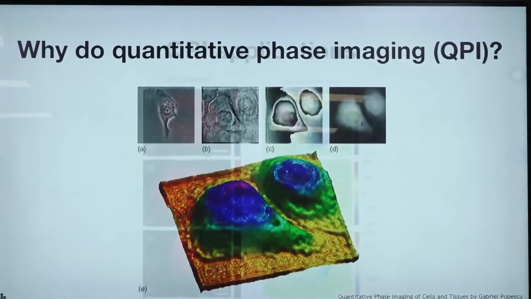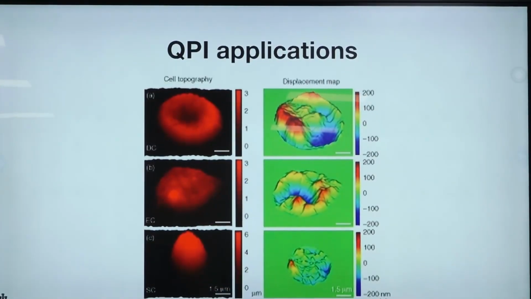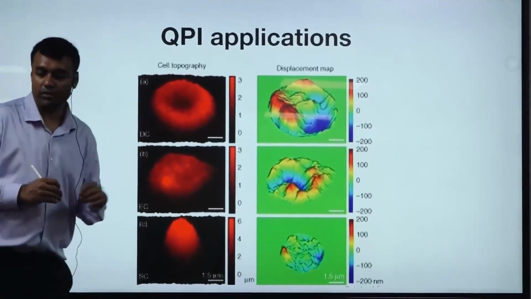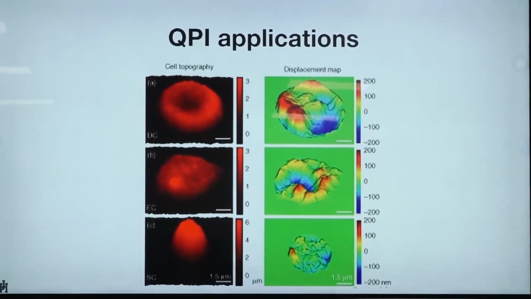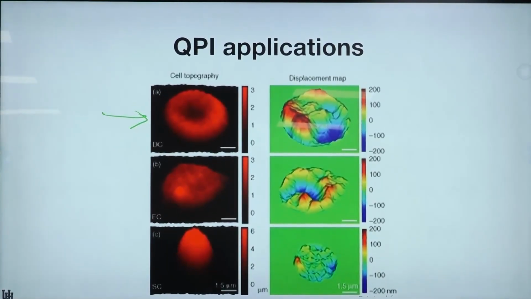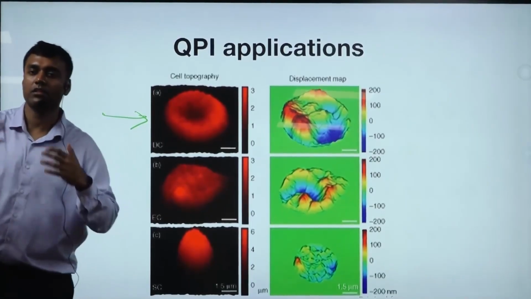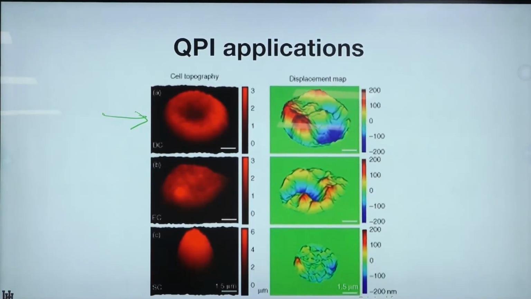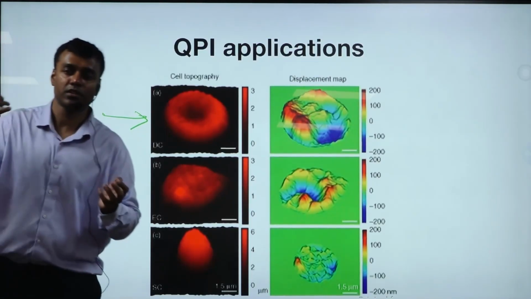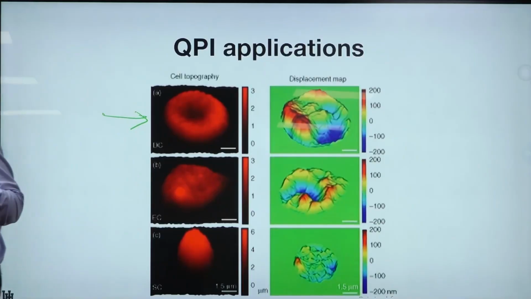How is this useful, practically speaking? So here is an example of what you can figure out. This is a red blood cell. Red blood cells inside the body take oxygen from the lungs and circulate it, and in different parts of the body the oxygen is taken up by different cells, and that's how you get energy.